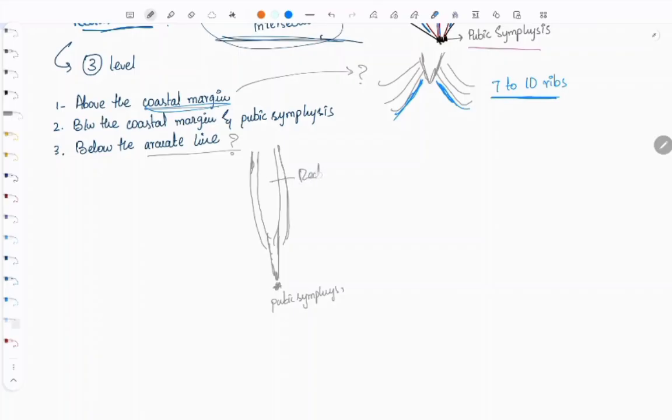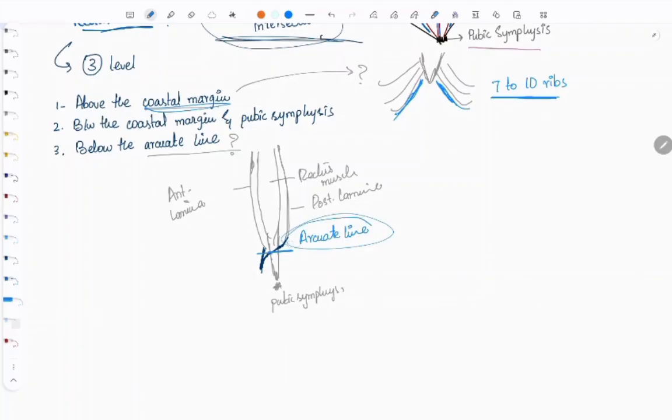This is the rectus muscle, the posterior lamina and the anterior lamina. The line or site where this posterior lamina moves in front or ends is known as the arcuate line, and it lies halfway between the umbilicus and pubic symphysis.